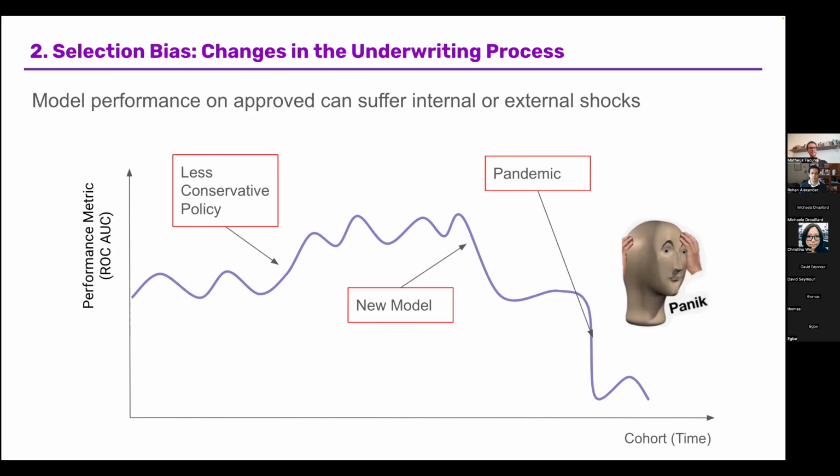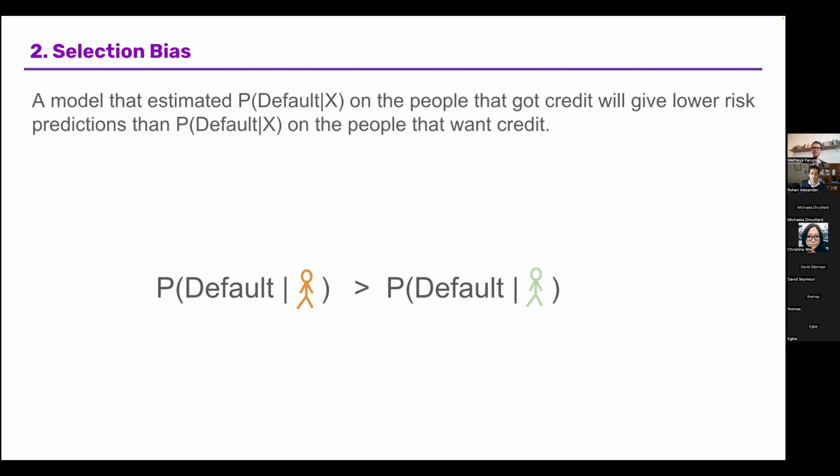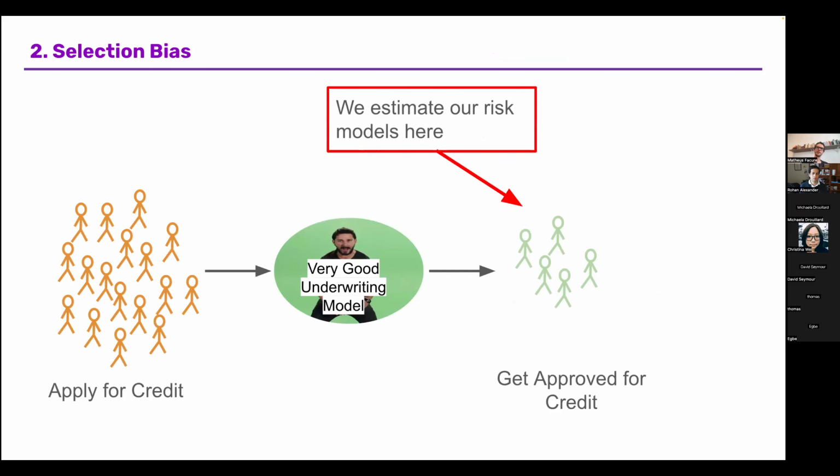I can't exactly answer how to solve this problem, but I can give a hint. It seems that all of this stems from the mismatch here: the people that get credit are fundamentally different from the people that apply for credit. If you can somehow get a representative sample of people that apply for credit, then you might be able to understand how your model performs on it.